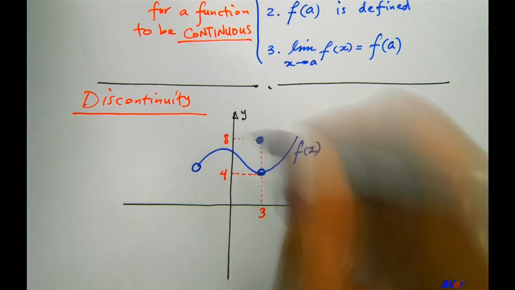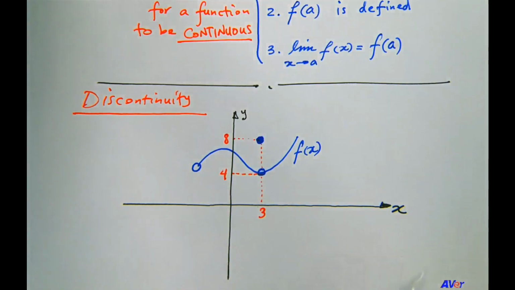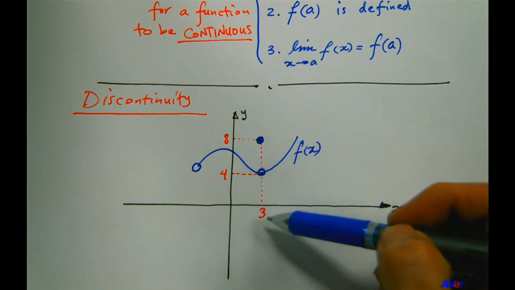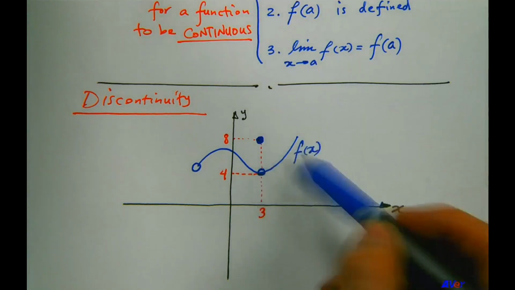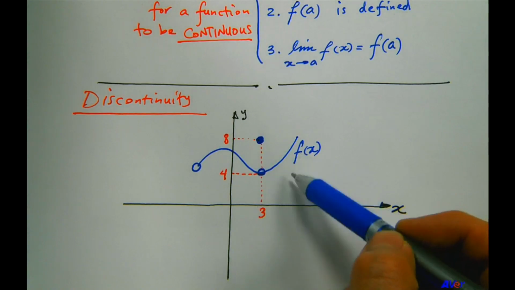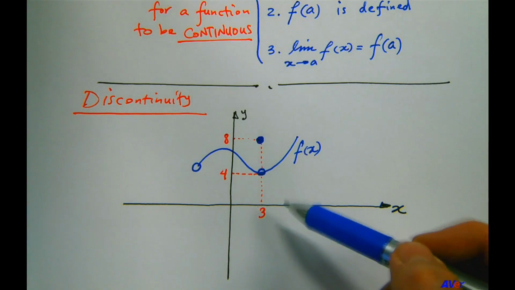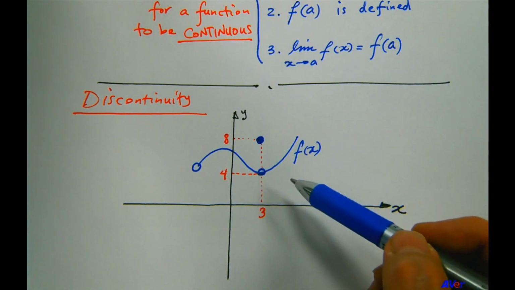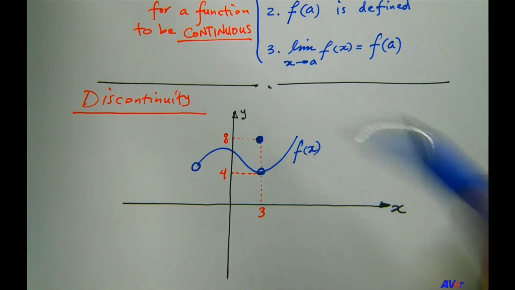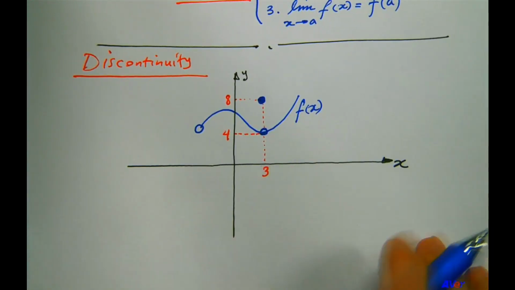The value of the function is 8 at that point. So from this graph, it is clear that this function f of x is discontinuous at what x value? Can you see it? We have discontinuity at x equals 3. Right there.